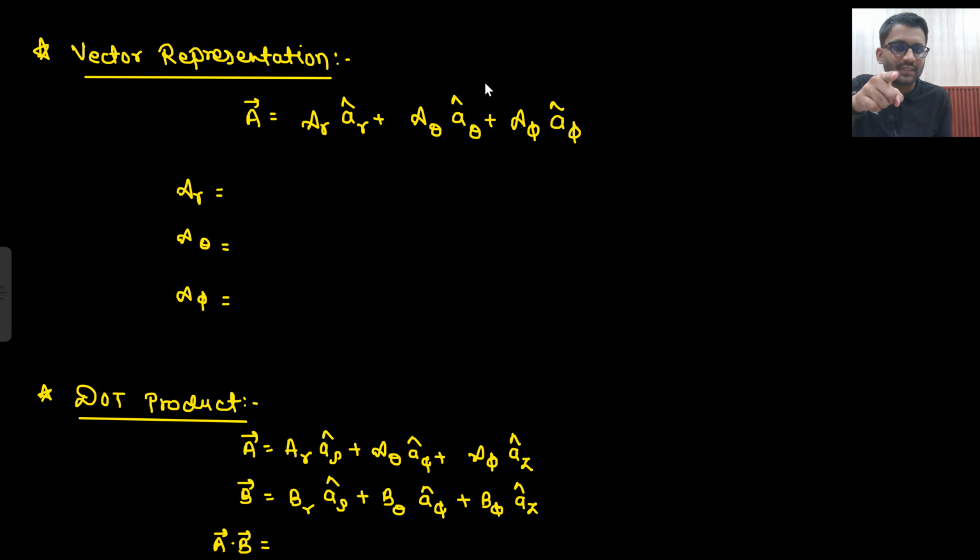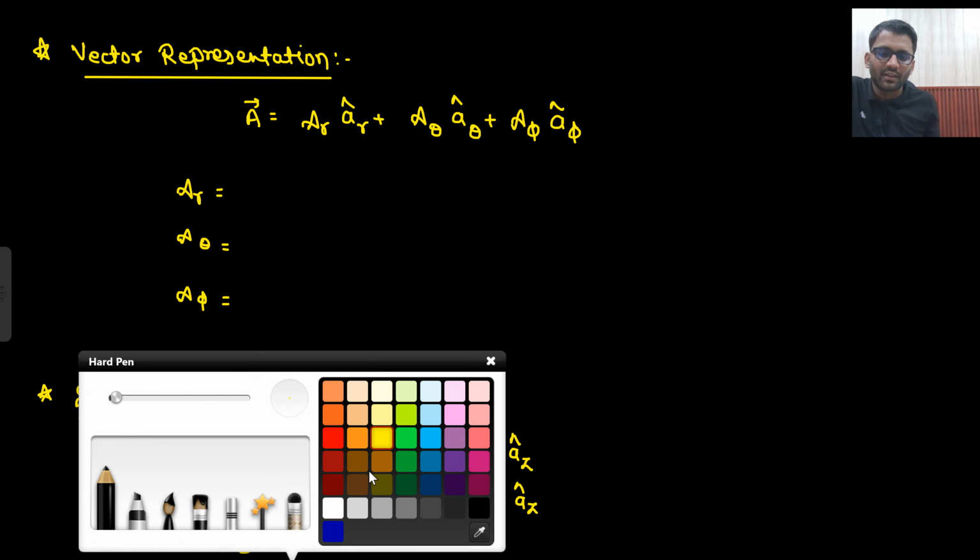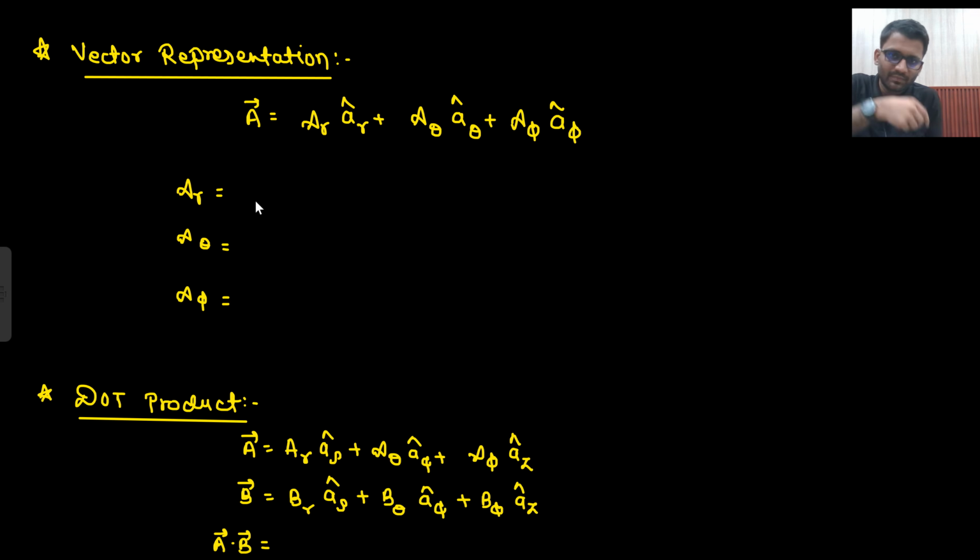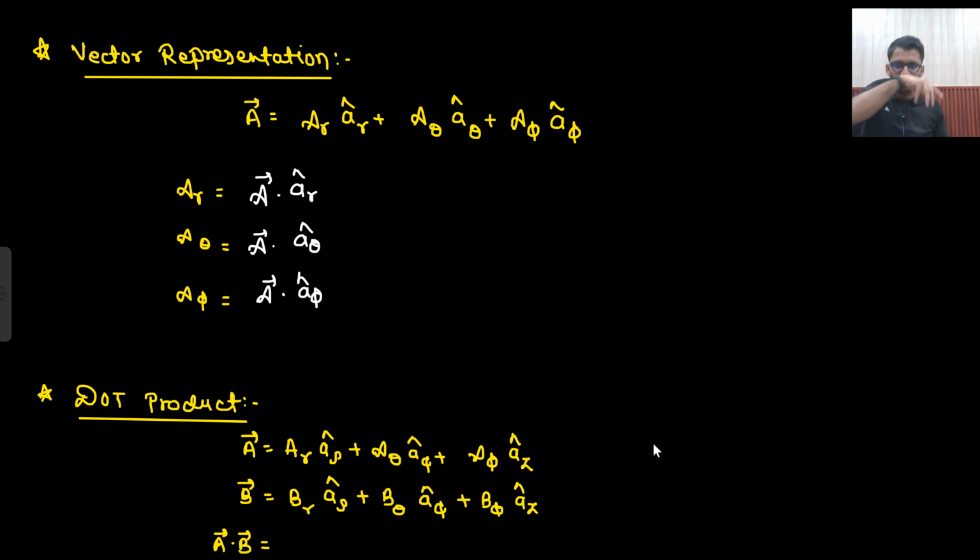What is A theta? Distance traveled in the A theta direction. What is A phi? Distance traveled in the A phi direction. So how will you get AR? AR will be A vector dot AR cap. What will be A theta? A theta will be A vector dot A theta cap. What will be A phi? A phi will be A vector dot A phi cap. Well and good. This is your AR, A theta, A phi.